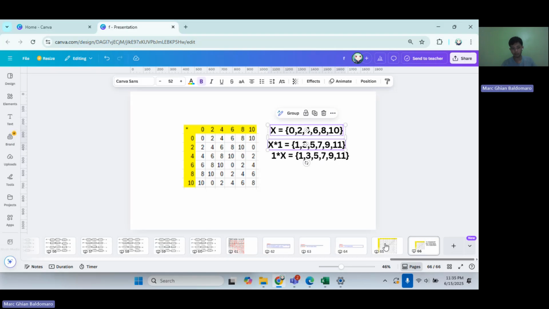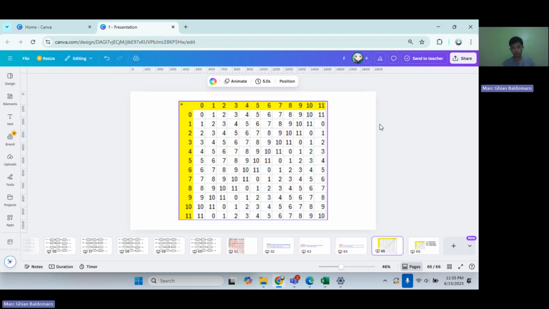Another one is let's look at the order of each element. The order of an element is how many times you must operate the number by itself to get the identity element. For example, the order of 0 is 1, because 0 is our identity element and 0 operated with 0 is 0.